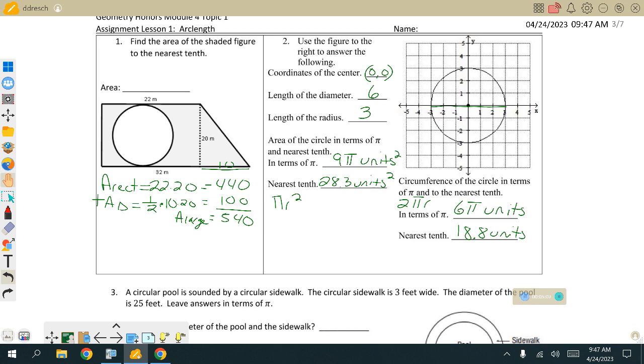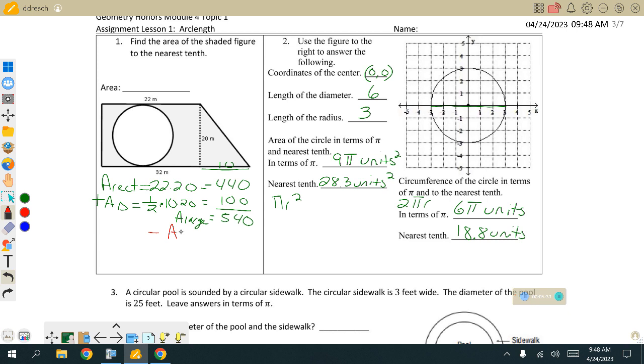That's how you find the area of any shaded region. The area of the large, subtract out the area of the small. Now the small figure happens to be a circle. So let's go find the area of the small figure. Every single shaded figure, large minus the small, large minus the small. Okay, area of the circle.